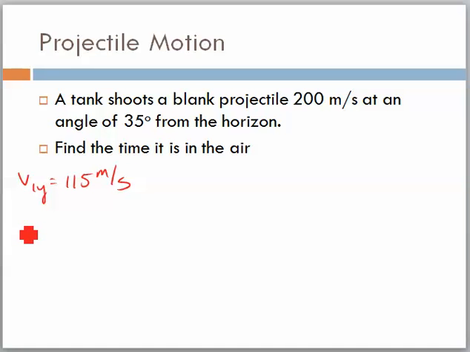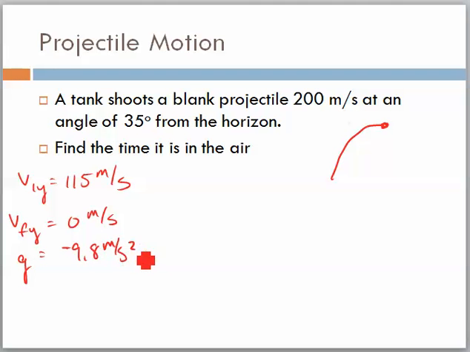As it goes up, at the highest point, it stops, so its VF is going to be 0 meters per second. I know that gravity is pulling on it, which is negative 9.8 meters per second squared, and time is what I'm trying to find, so we'll put t in for time.